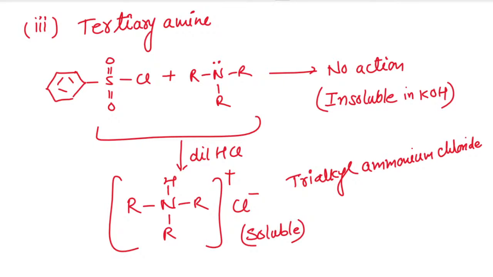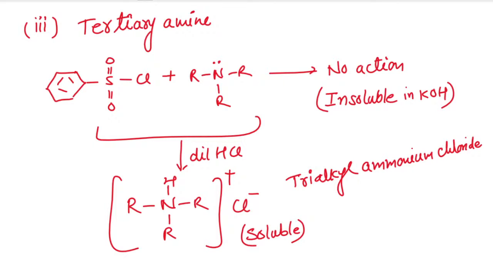Very good. So in primary amine, sulfonamide is formed. The sulfonamide formed is soluble in aqueous KOH, and on acidification it forms insoluble sulfonamide. In secondary amine, again sulfonamide is formed, but that sulfonamide is insoluble in aqueous KOH, and even on acidification it remains insoluble.